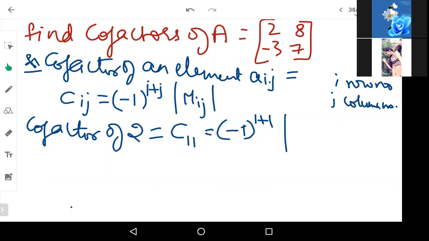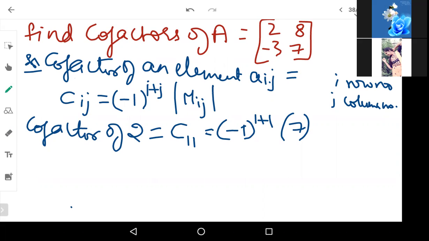Minor of 2 will be 7. Correct. Good, Ravi. Yeah, correct, Kirti. So you just have to multiply 7 here. That's all. There is not too much complication. There's no need to solve too much.